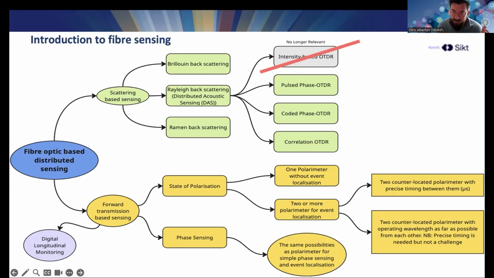The other types of fibre optic sensing technologies are to do with forward-based transmission sensing. This is commonly known as state of polarization and also phase sensing. This is where we send the laser through the cable and we observe the laser as it comes out at the other end. And from that, we can correlate whereabouts along the cable a perturbation has occurred.